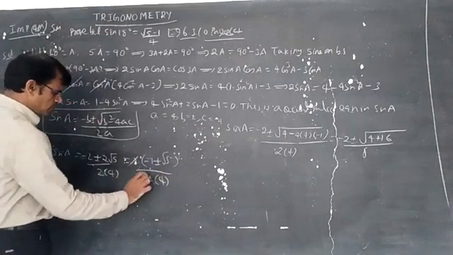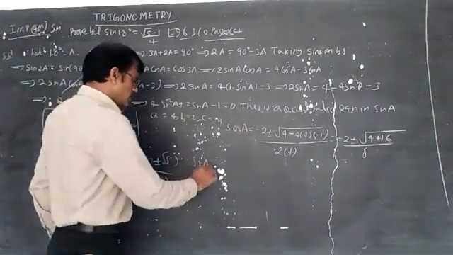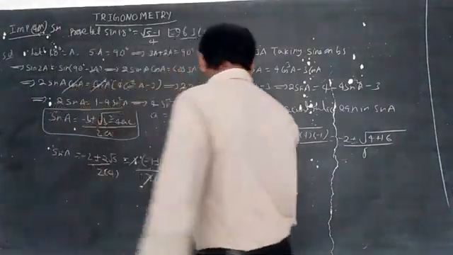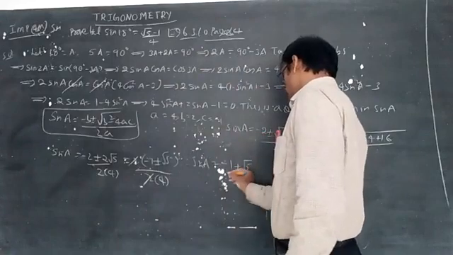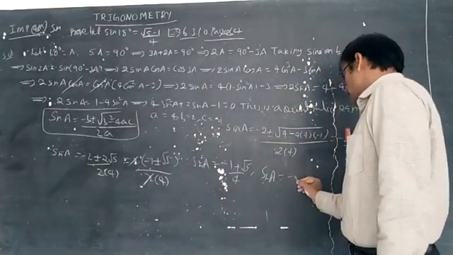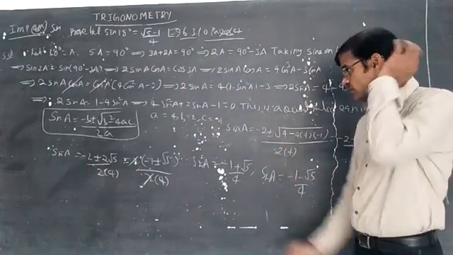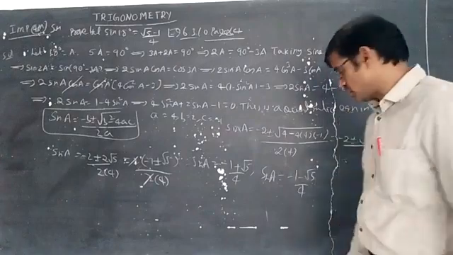This 2 and this 2 will get cancelled. So, therefore, sin A we are getting as minus 1 plus root 5 by 4, and sin A we can get as minus 1 minus root 5 by 4. Two values we got from the quadratic equation.